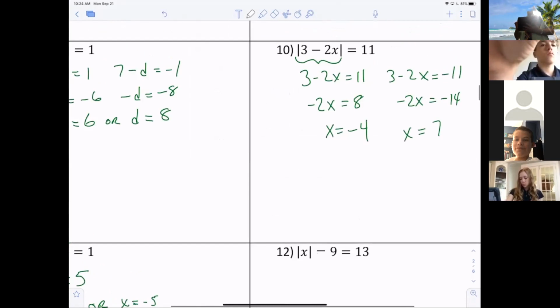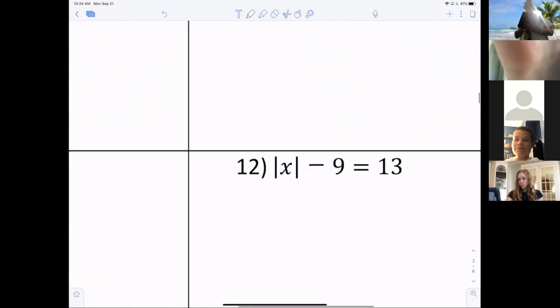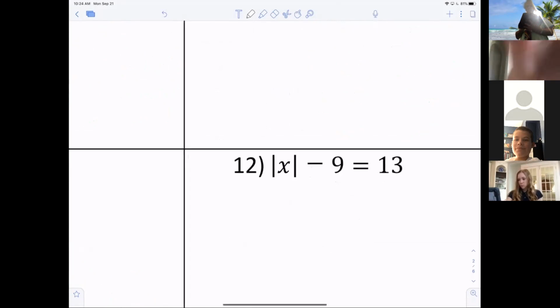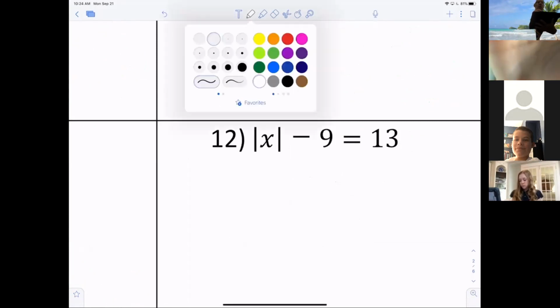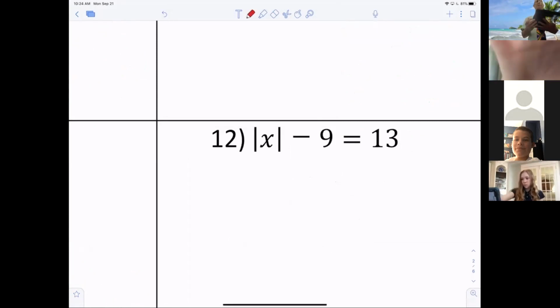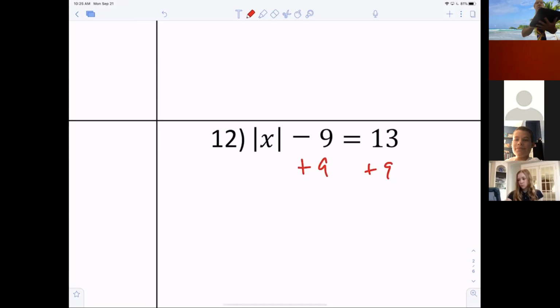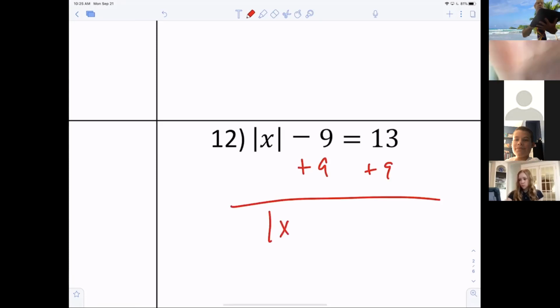Because we say the absolute value is not isolated. So what's the problem? This minus 9 is in the way. So how do I get rid of that minus 9? You just add 9. That's it. That isolates the absolute value. As soon as I do plus 9, now the absolute value is isolated.